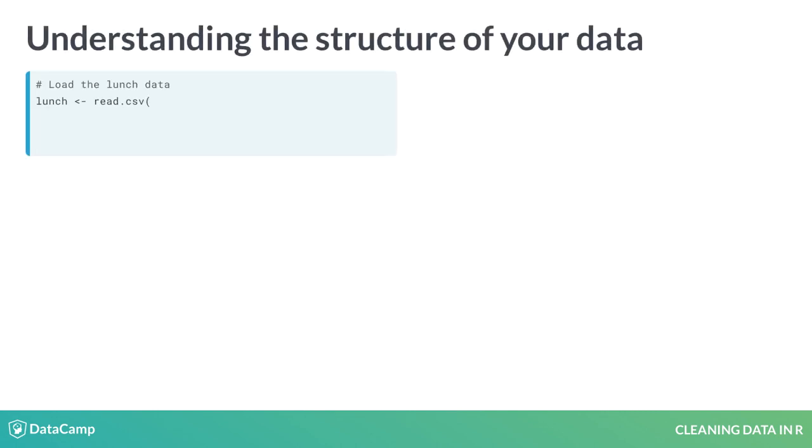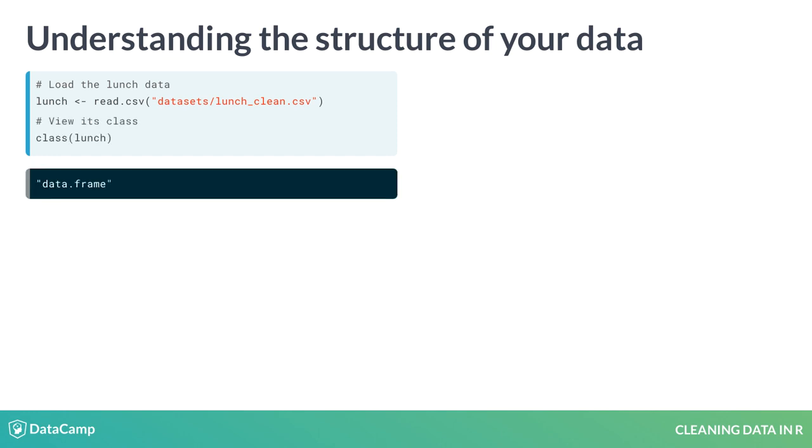Here, we read in a simple data set called lunch, which contains information on the number of free, reduced price, and full price school lunches served in the US from 1969 through 2014.